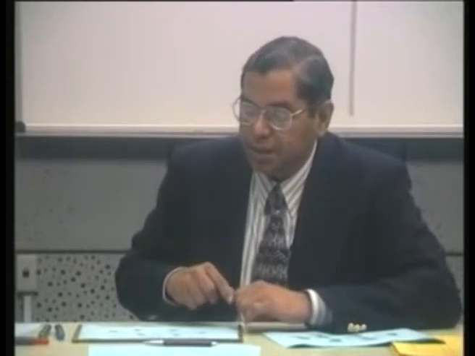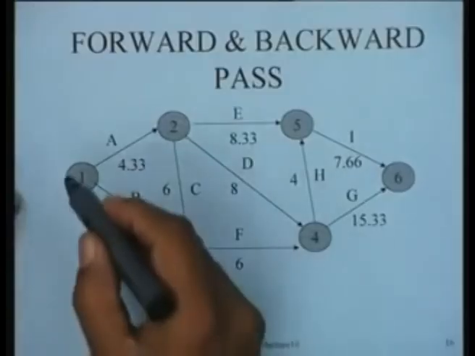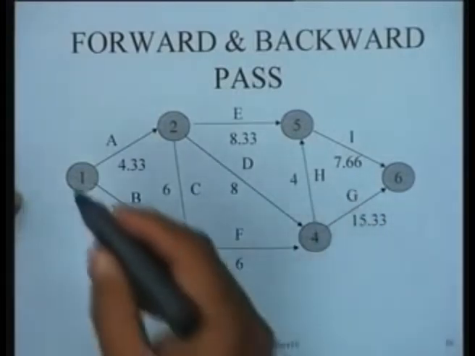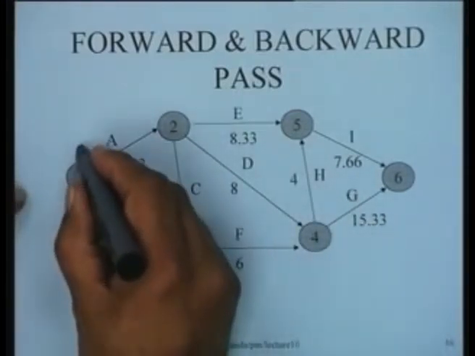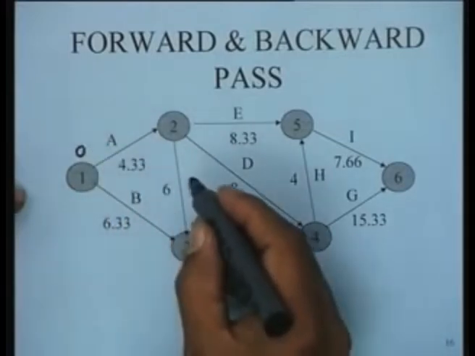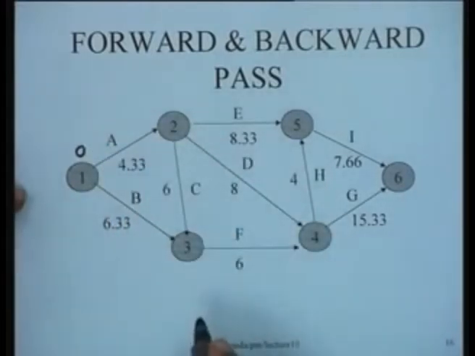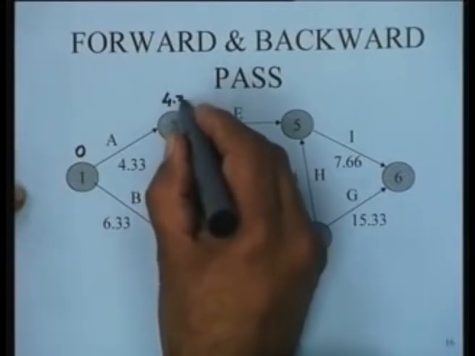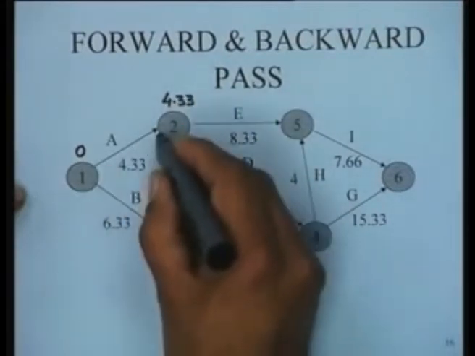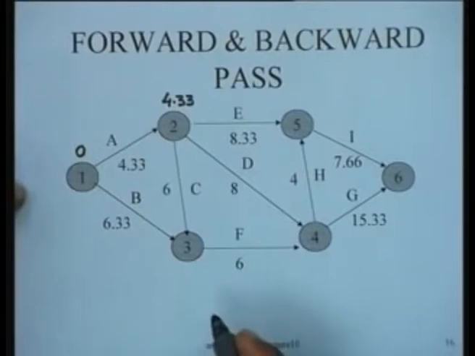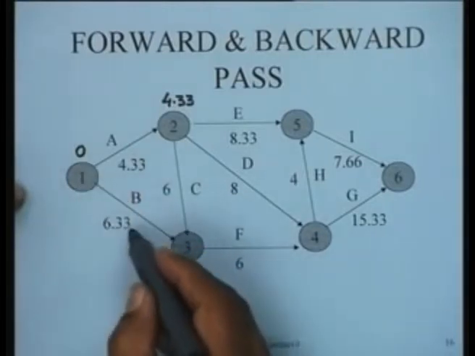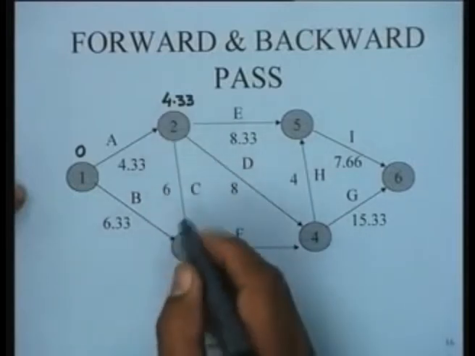So we are going to determine the earliest occurrence times and the latest occurrence times for all the nodes. Starting from node 0, the earliest occurrence time of this node is 0. For node 2, the earliest occurrence time is going to be 4.33, because the duration of this particular activity is 4.33. When you come to node 3, it is going to be the maximum of 6.33 and 10.33.